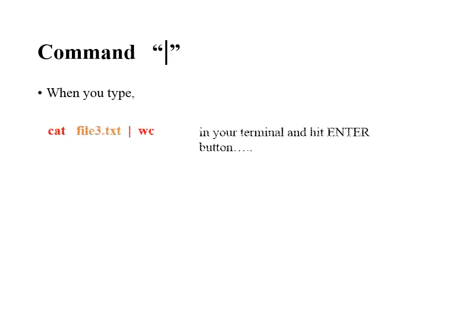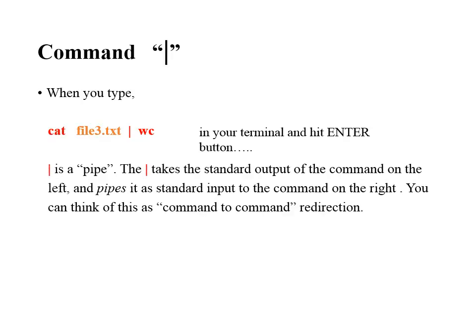Command vertical bar. When you type cat space file3.txt space vertical bar space wc in your terminal and hit enter, note that the vertical bar is also called a pipe. The pipe takes the standard output of the command on the left, and pipes it as standard input to the command on the right.